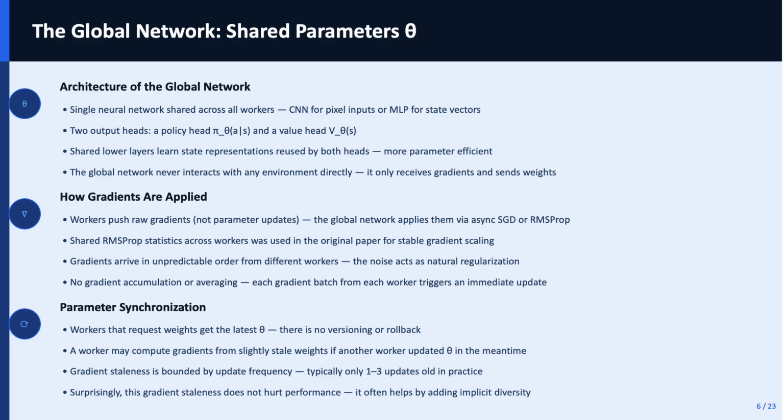Both heads share the earlier layers of the network, which means the feature representation learned by the convolutional or fully connected backbone benefits both the policy and the value estimate simultaneously, making parameter use more efficient than maintaining two entirely separate networks.